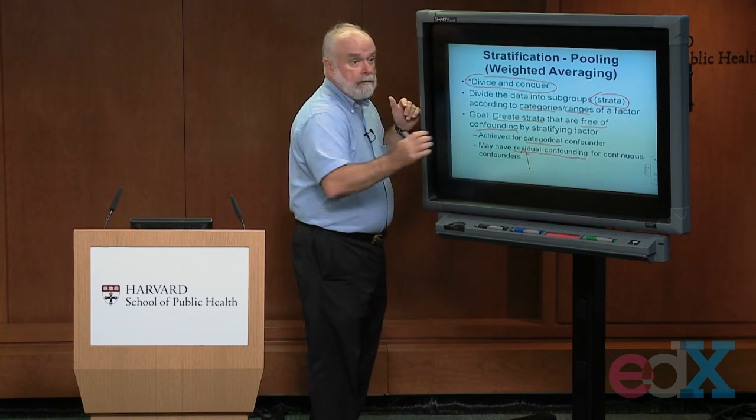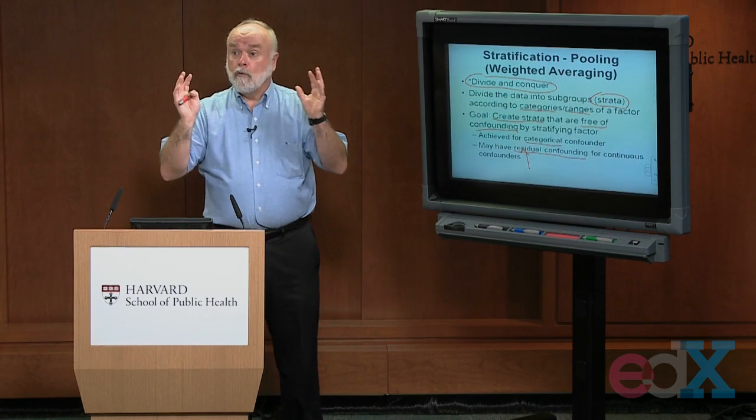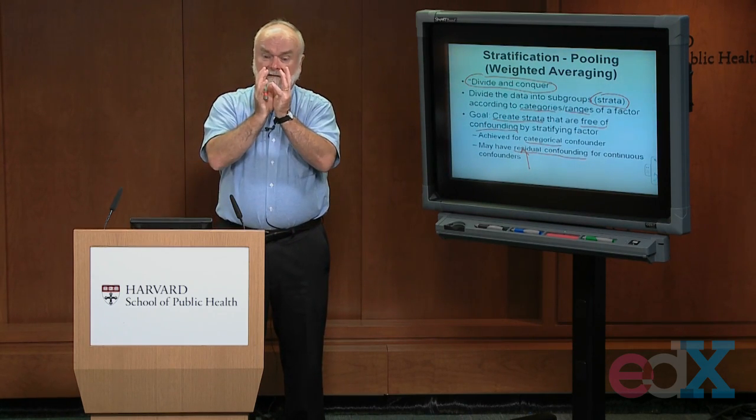Well, how do you get around that? By making more strata, making subranges of age that are more finely defined. You have a group of people who are 20 to 30-year-olds, another group which is 30 to 40-year-olds, another group which is 60 to 70 years old. Each group is defined by a decade of age.